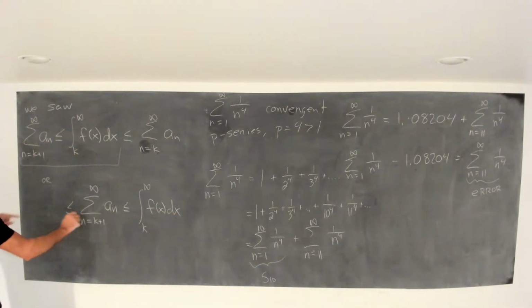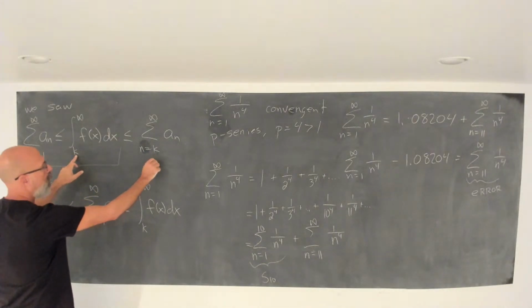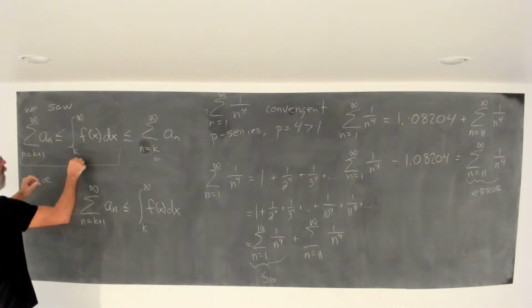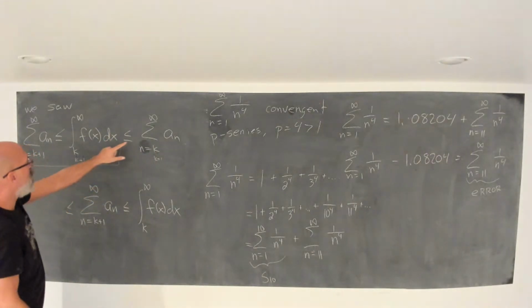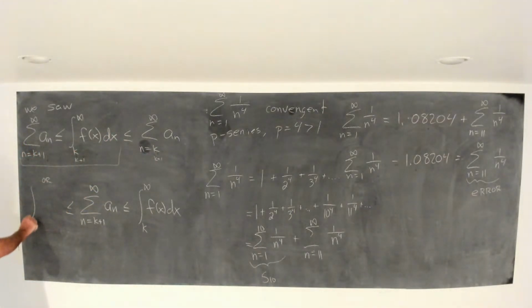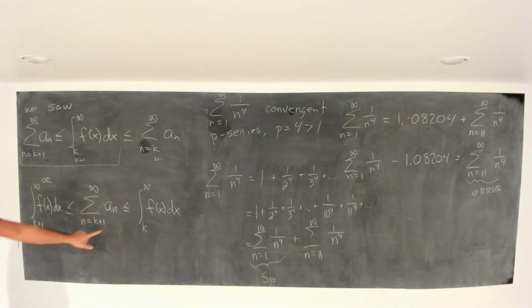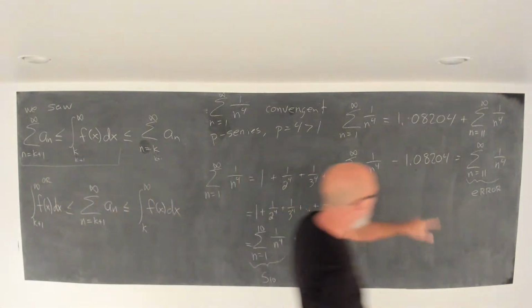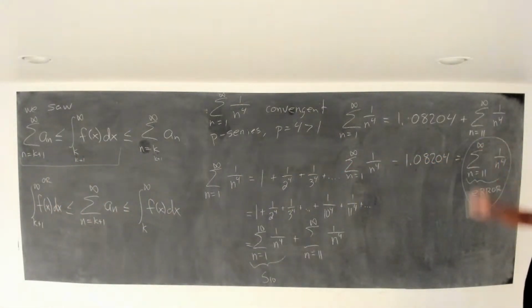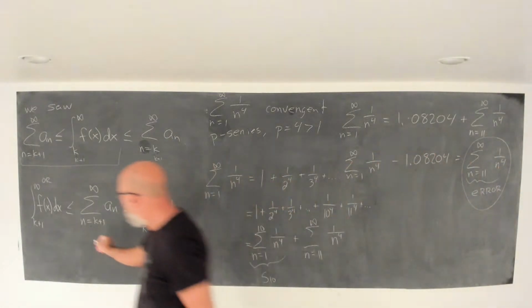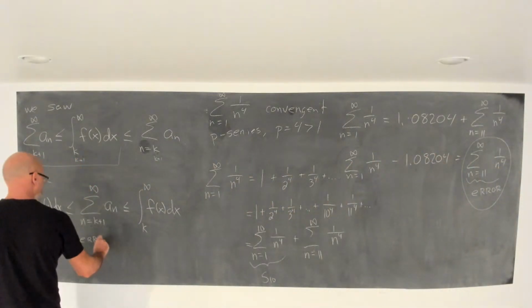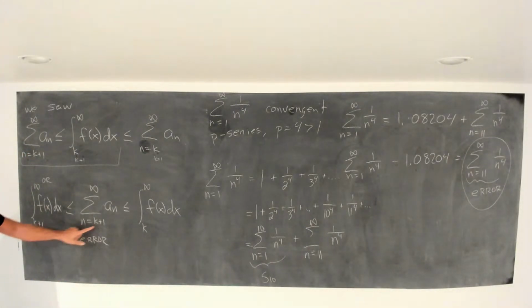But it's also bigger than or equal to, right? If you replace k with k plus 1 here, you have that sum is bigger than the integral from k plus 1 to infinity. And this is what you have. This is your error in using the sum of the first k terms.